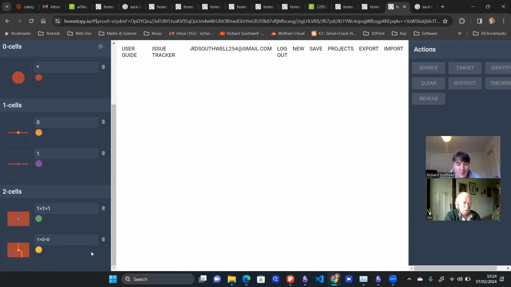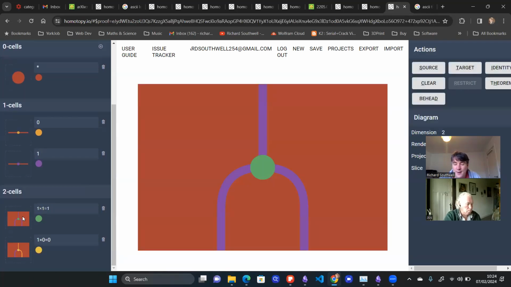Okay. And now what we can do is put these together, right? So we can sort of make, we can do arithmetic basically. So if we click on the pictogram for this 1 times 1 equals 1, now let's click on the left-hand side in the red. And now Homotopy IO says, okay, I can attach something here, but I could attach 2 different things.